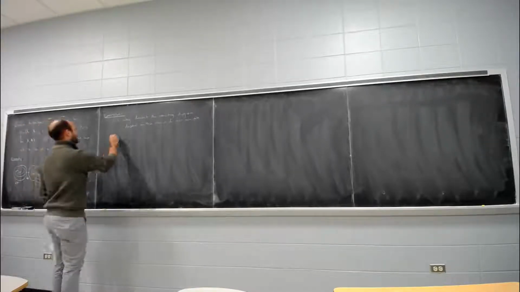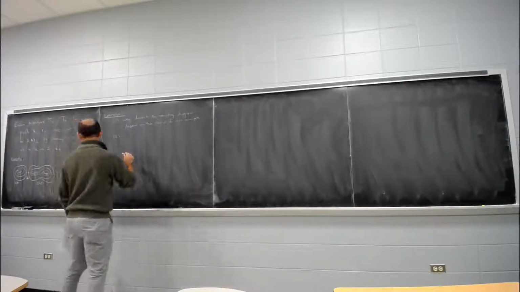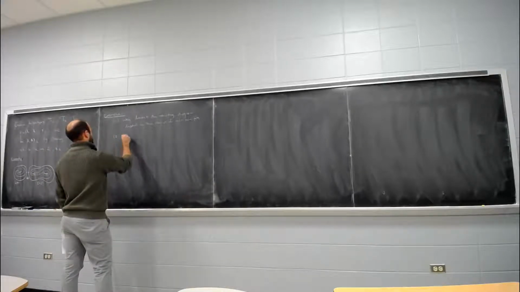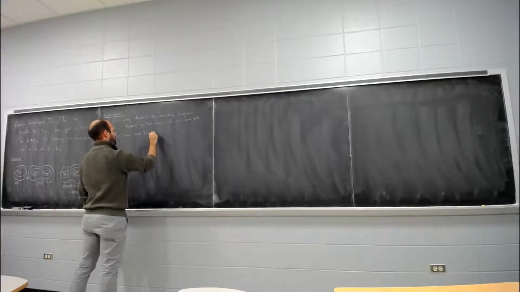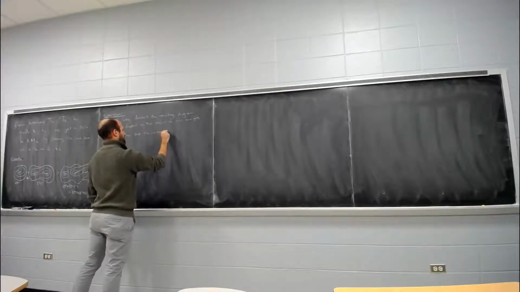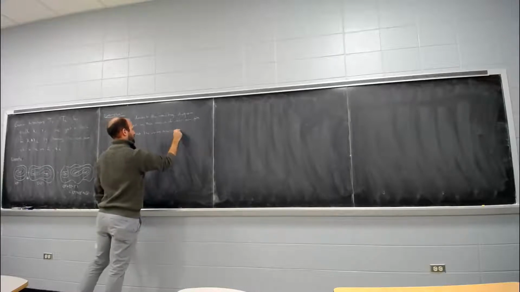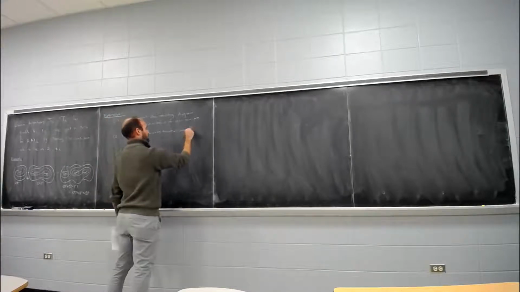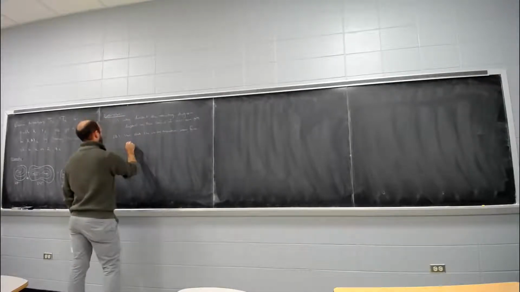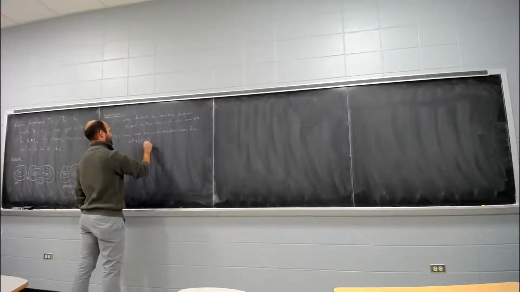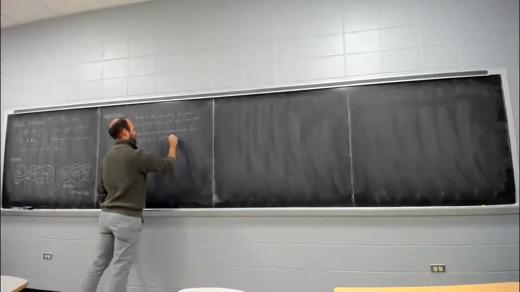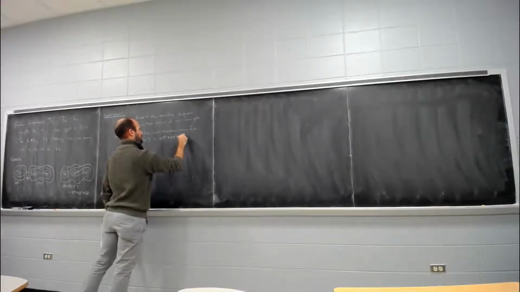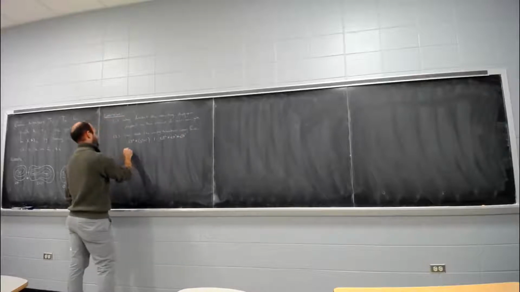And then exercise 2 is show that the obvious trisections coming from, on one hand, CP2 connect sum S2 plus S2, and on the other hand, this other guy I said, are diffeomorphic.